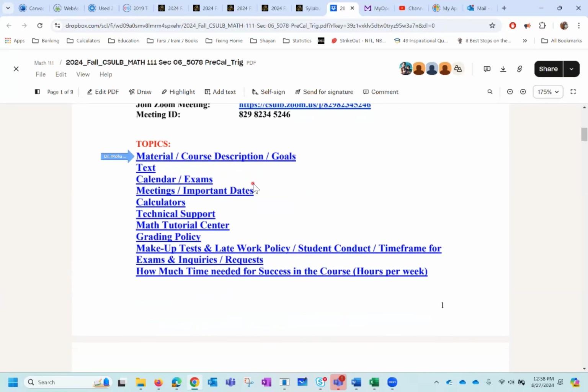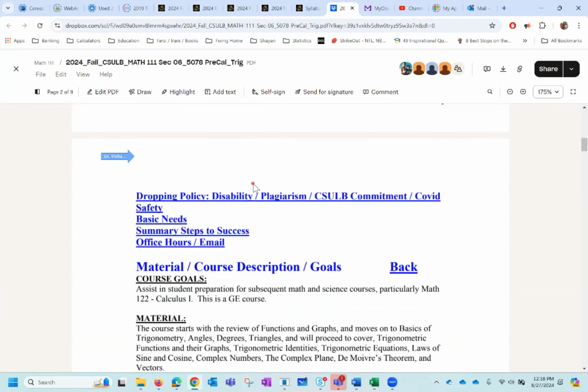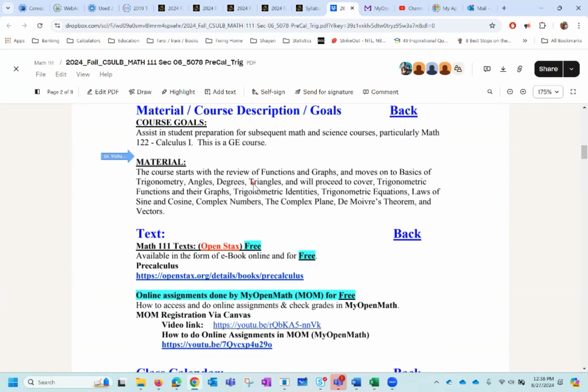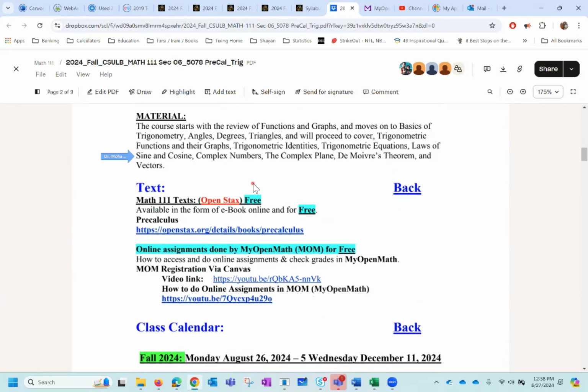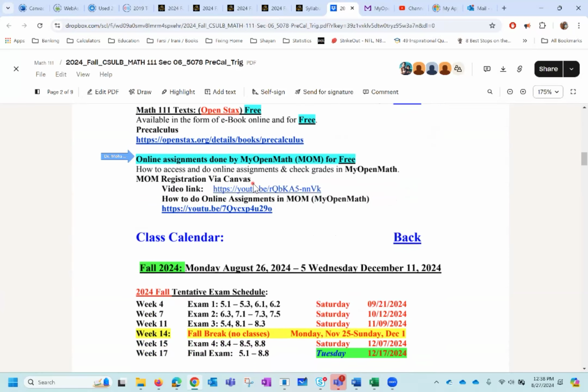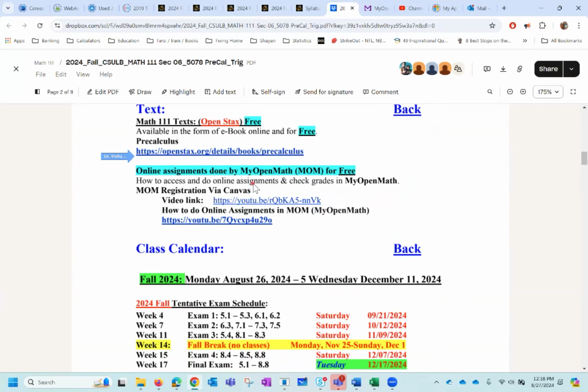You can look at the topic of interest. So quickly, the course description, the material, the text is by OpenStax and it's free. Everything is free in this course. I've set it up so you don't have to pay for anything. The digital platform where you do the homework is through MyOpenMath and it's free.